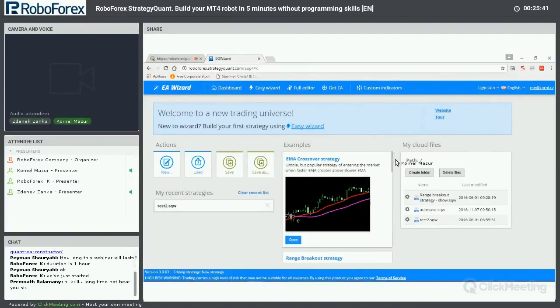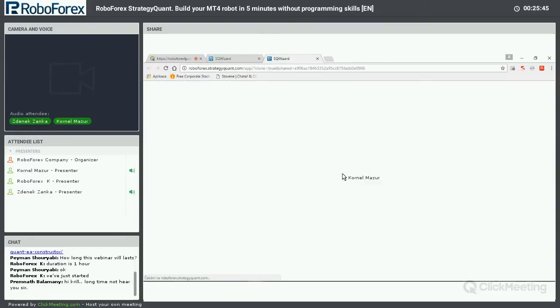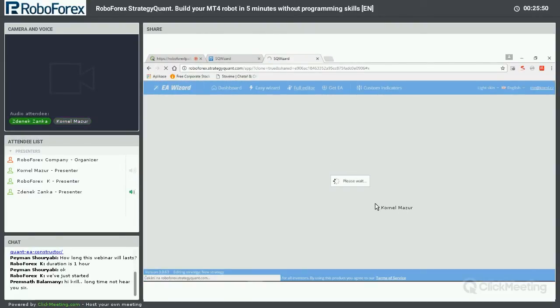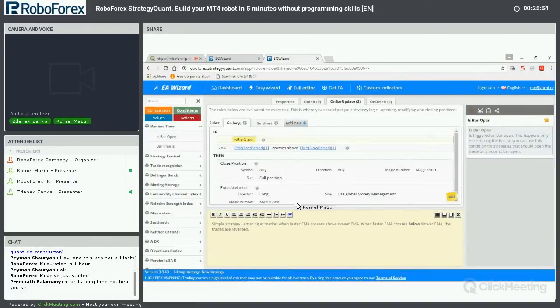So you don't need to do almost anything. You can just click and see how this code is written, and it can be the starting step for you. You can just improve it or change some conditions. So this can be your first step.